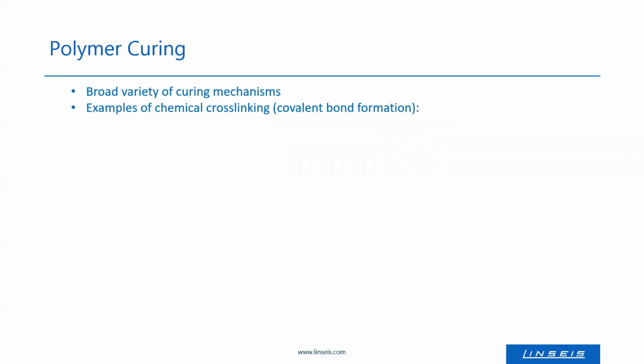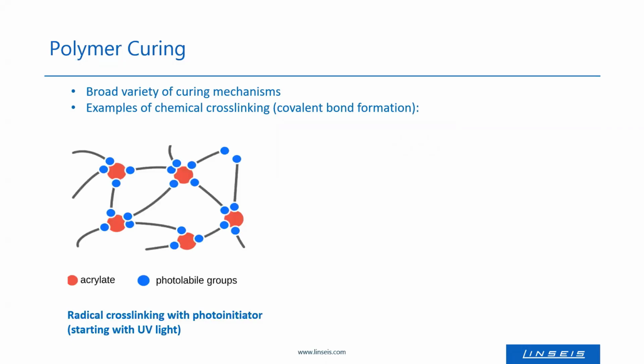There are many ways to form a polymer network. A broad variety of curing mechanisms exists. One example is illustrated here. It shows an acrylate with photosensitive groups, the blue circles here.